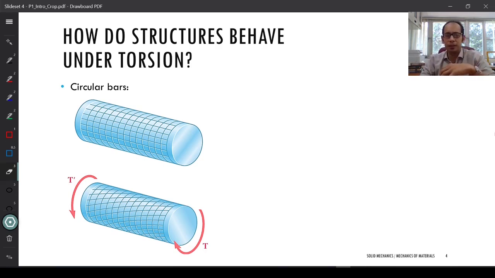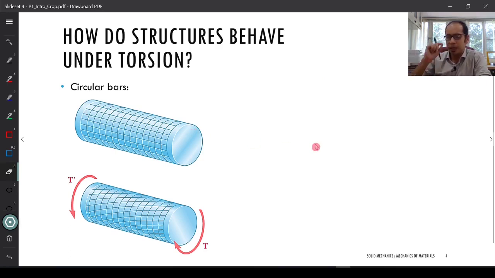Now when you look at these circular bars, as you see in this particular figure as well, suppose you draw crisscross lines, with these going along the circumference and these lines along the axis of the shaft.